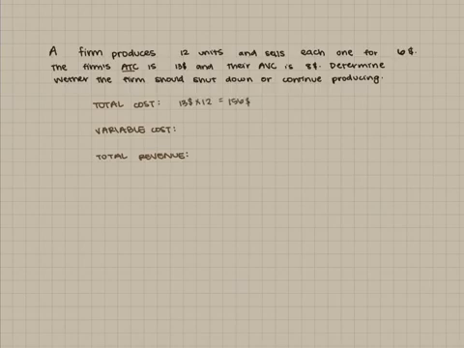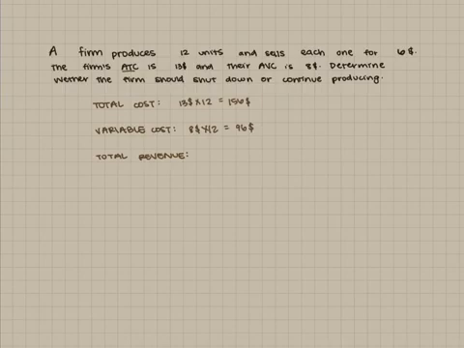So that is the firm's total cost. Now we have to find the variable cost. The variable cost, much like the total cost, would be found by multiplying AVC, which is $8 in this case, by the number of units sold. So it'd be $8 times 12 units, and that would equal $96.